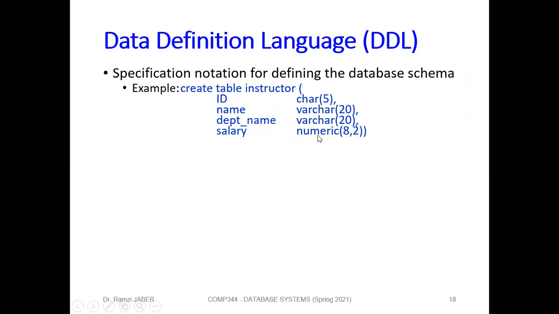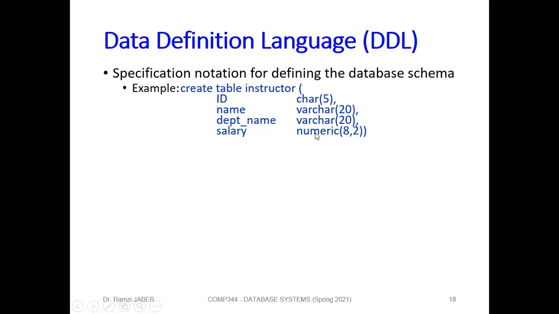So numeric 8, comma 2: after the comma we have 2 decimal digits, so it's 6 digits in the integer part, point, 2 digits after the point. So 8, comma 2 means it's a float or double number, depending on the length of the first number. You can put here numeric 32, comma 2. So here it is fixed.